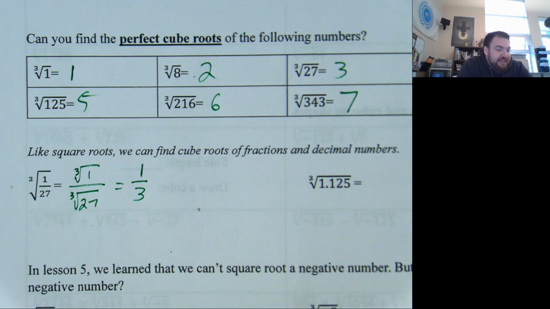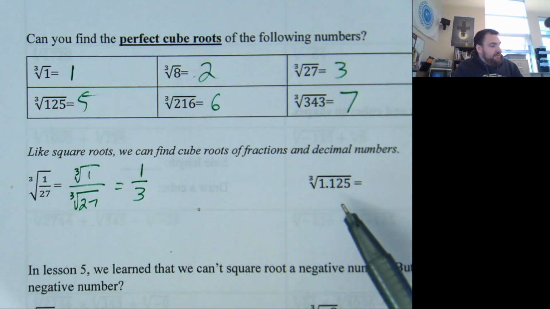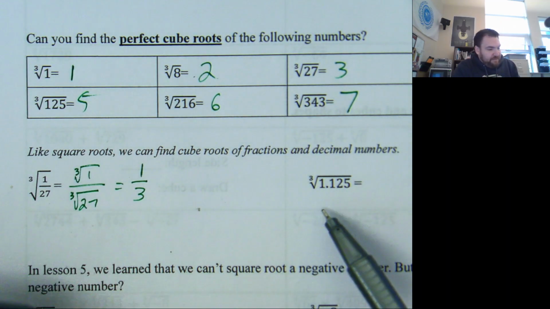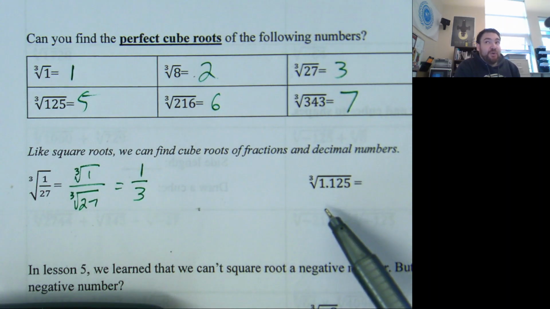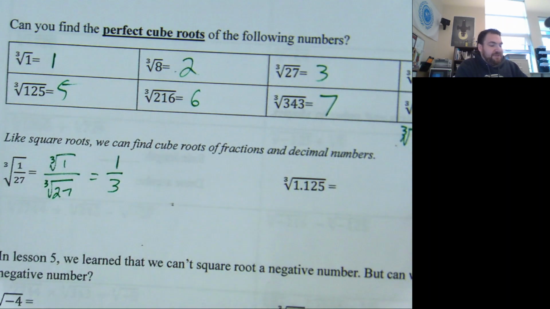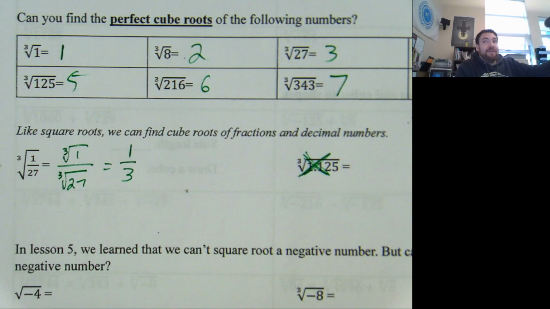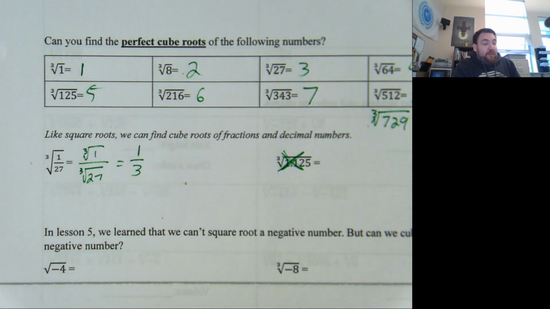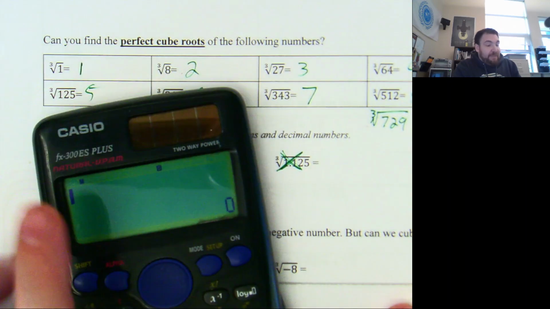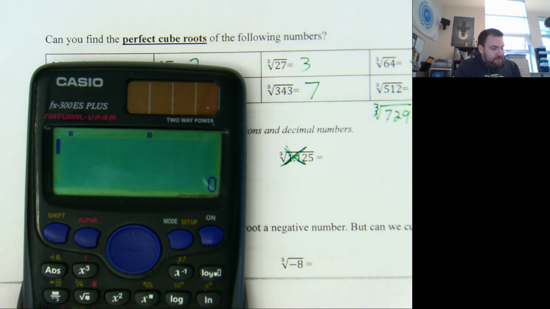Now, I gave you slick ways to do decimals and perfect squares, but we're not going to do decimals and perfect cubes. We're just going to get rid of that. Pretend like it never happened. The only other thing I will ask you to do is to be able to ram that thing through your calculator. On my Casio, it would look like this.